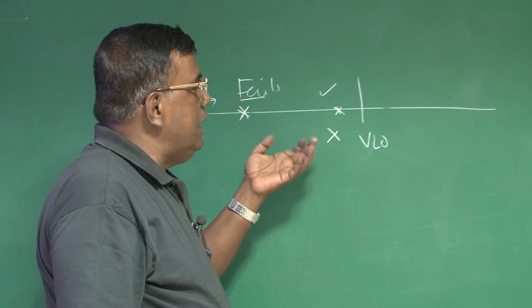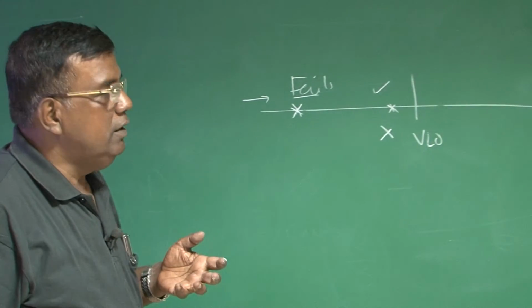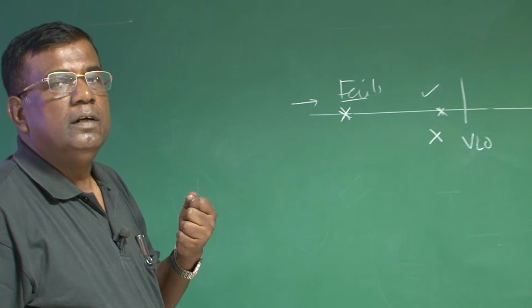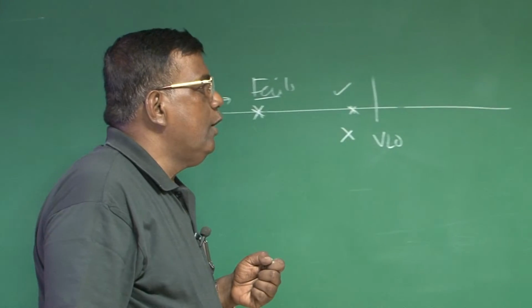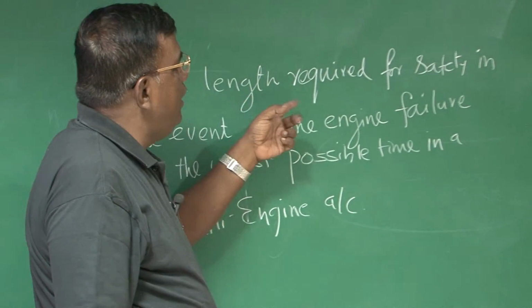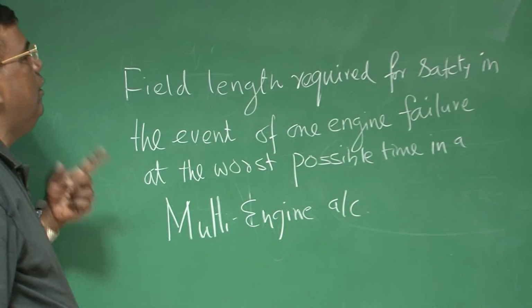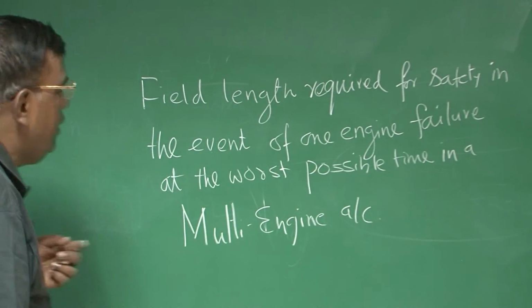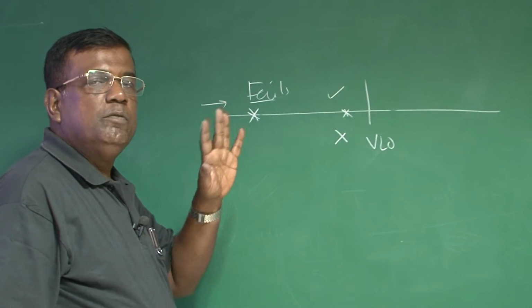To address this question, regulation-wise, something called balance field length has been defined. So you see, I have written here: field length required for safety in the event of one engine failure at the worst possible time. What is the worst possible time? If it is failing early, it is not the worst possible time.